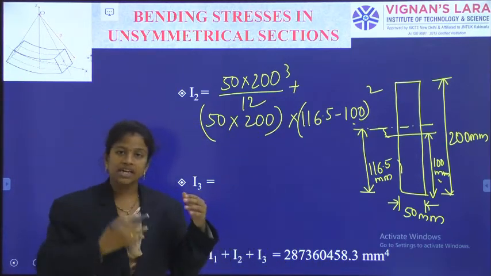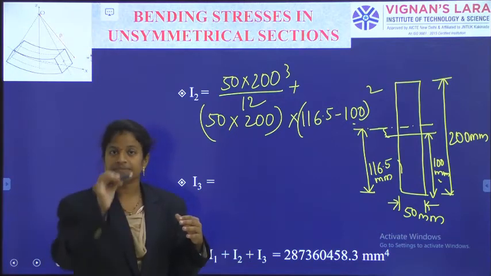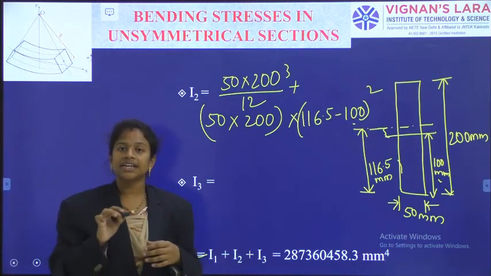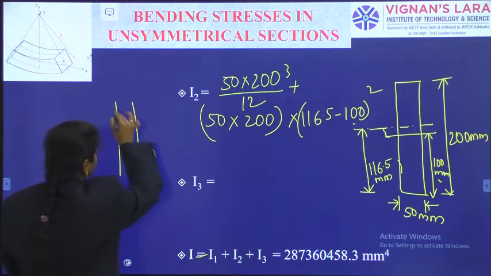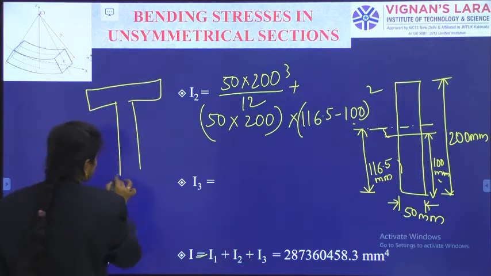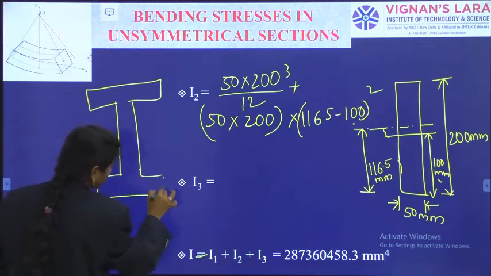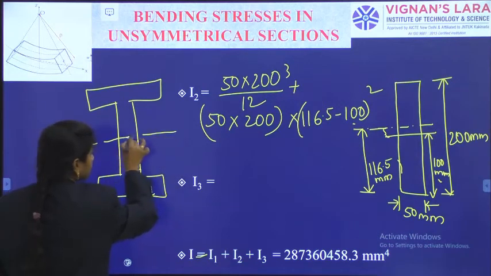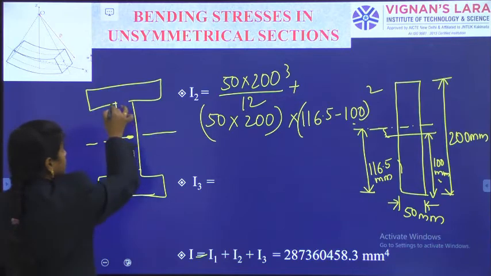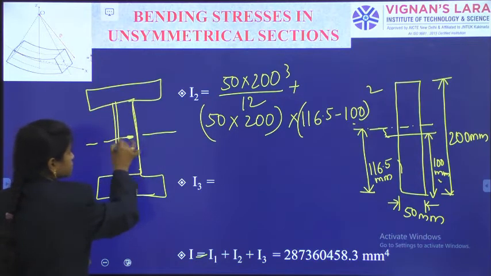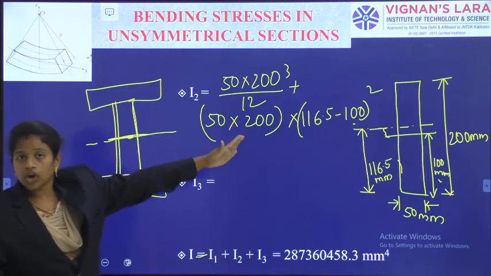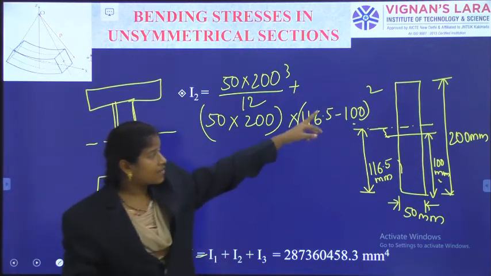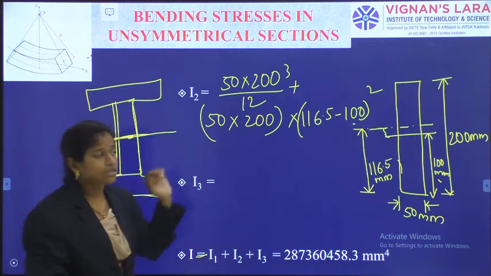Only the top flange and bottom flange are different, but the web's center line is coinciding with the overall neutral axis of the section. When you observe a symmetrical I section, the centroidal axis of the overall section and the centroidal axis of this portion are coinciding. That's why this A into y square term will not come. But here they have a difference. That's why the measurement has come.